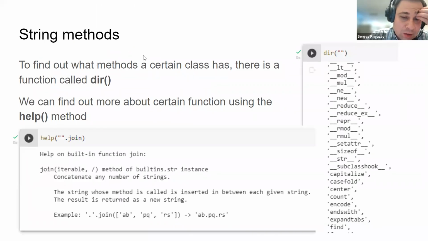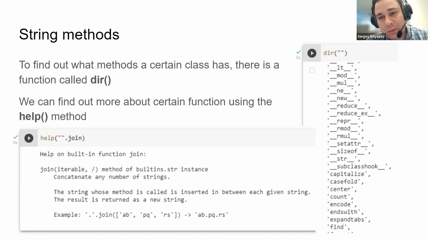Next. Basically, in Python there is a concept that is called class. Every object belongs to some type of class. And here we already learned about strings.